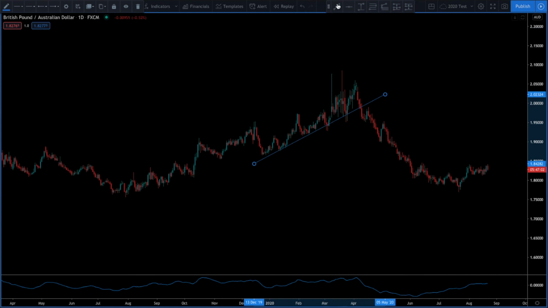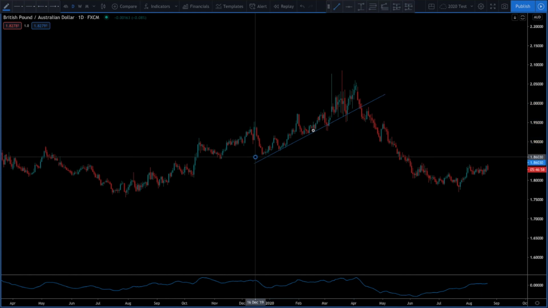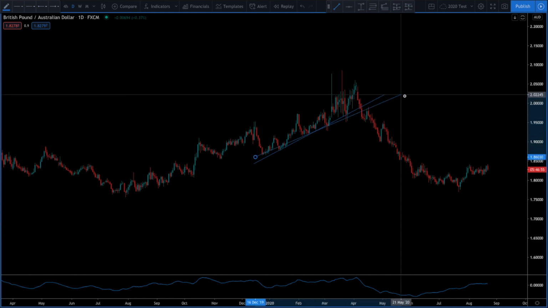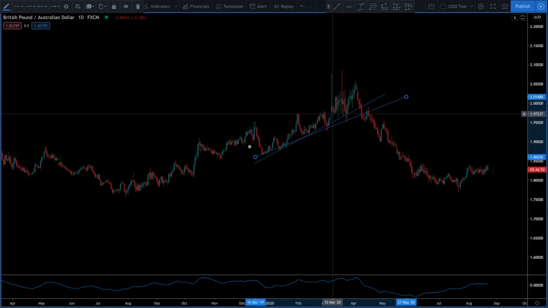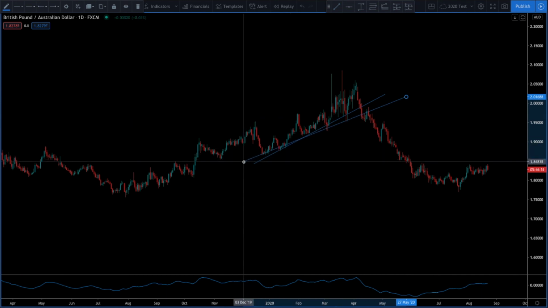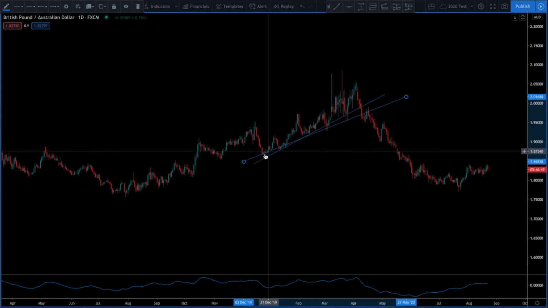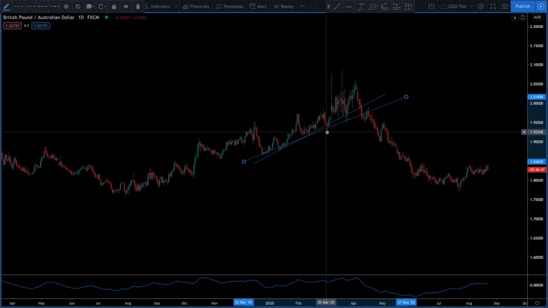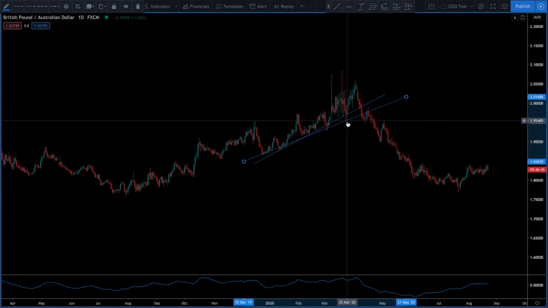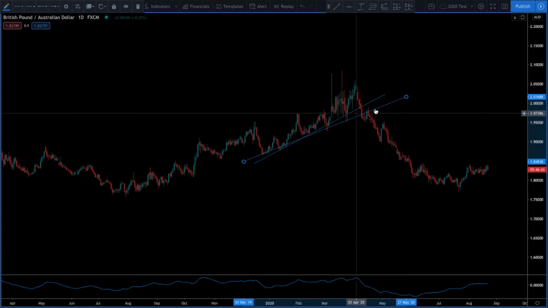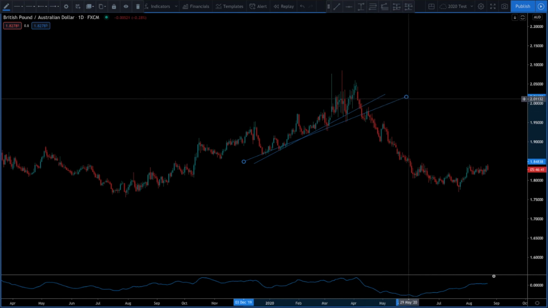There can always be some minor differences, and some people will draw them through the open and close prices, and some people will draw them at the extremes, like this line here, which is actually lower.